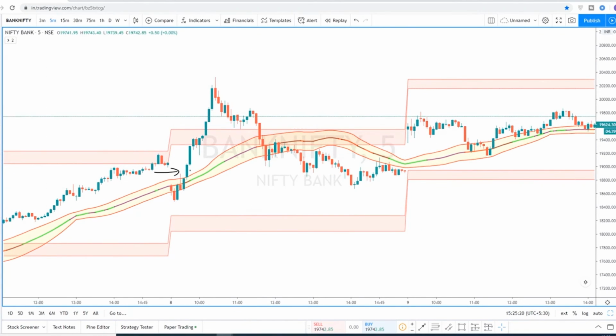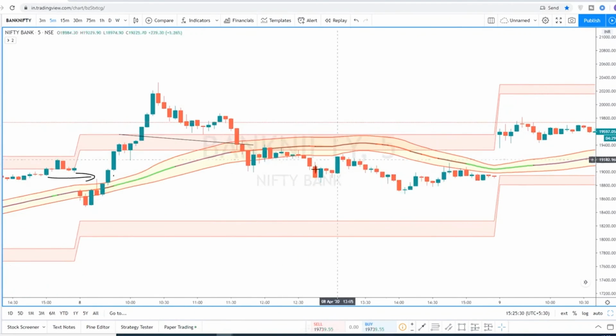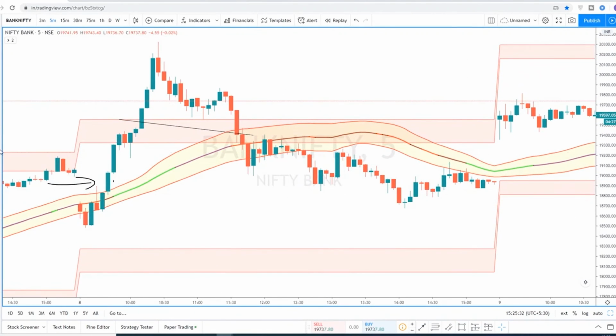Although it has given again a good trade, the point here is that your entry is very important. You should always take the entry closer to the bands. Don't go long here after the breakout when there is a huge difference between your entry and the bands.